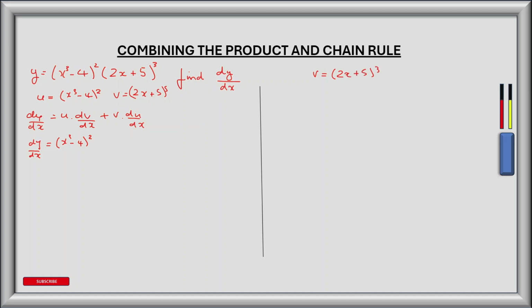So we need an inside function. Let's call the inside function g, which is equal to 2x plus 5. And we need an outside function. So v is equal to g cubed. dv by dx will now equal dv by dg multiplied by dg by dx.